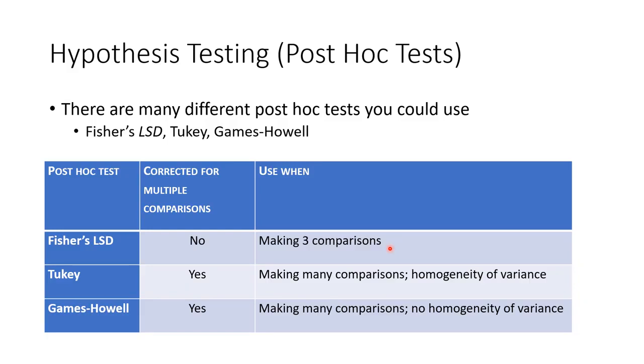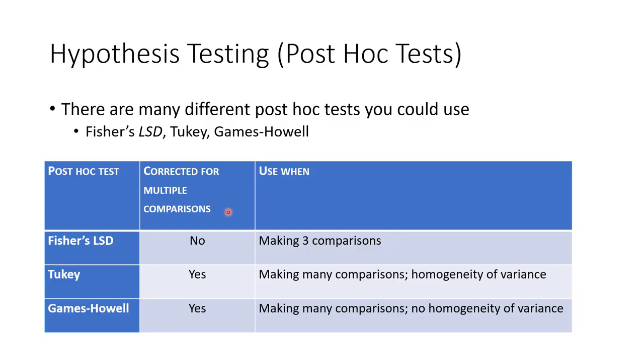If you're making a small number of comparisons, it's less important to correct for the multiple comparisons because there's just not very many of them. However, in some studies, if you do have 4 groups or 5 groups, the number of comparisons you're making goes up quite a bit.